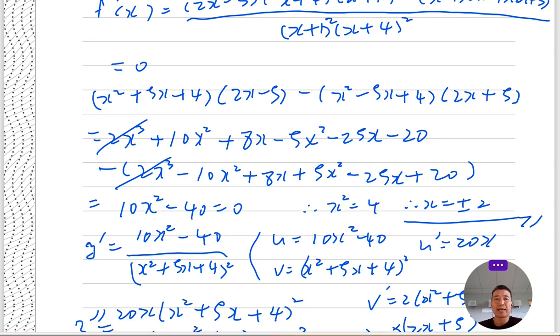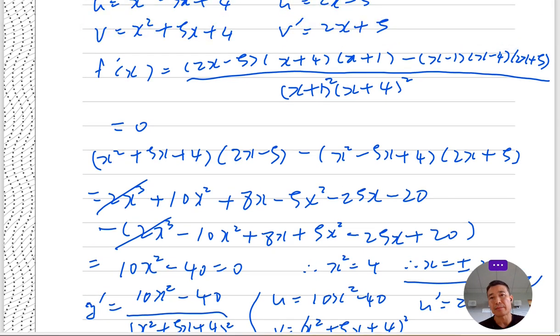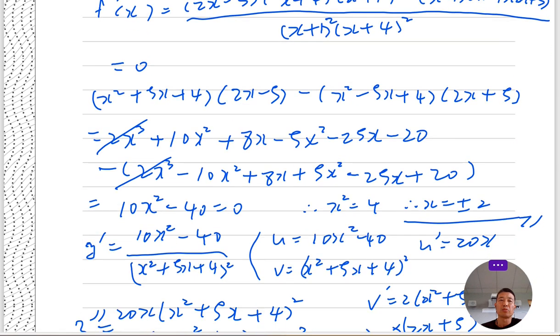So it turns out 10x squared minus 40 equals 0. Because that fraction is 0, that means that the numerator should be 0, right? The numerator is 10x squared minus 40 equals 0. So then x is plus minus 2. So that's a stationary point.